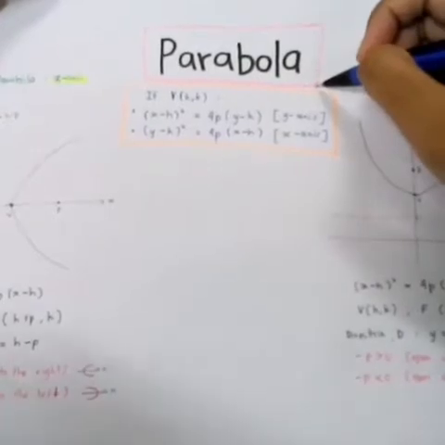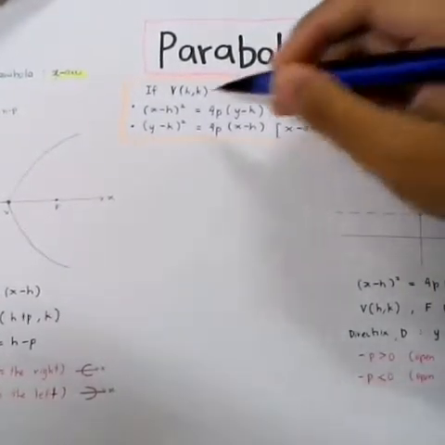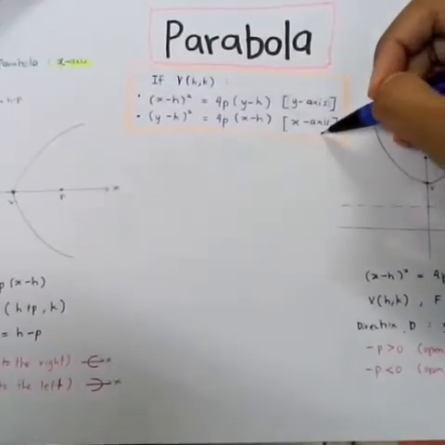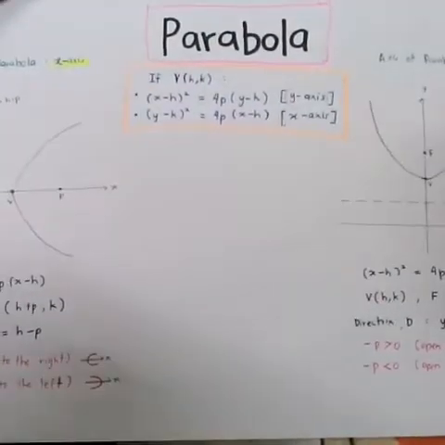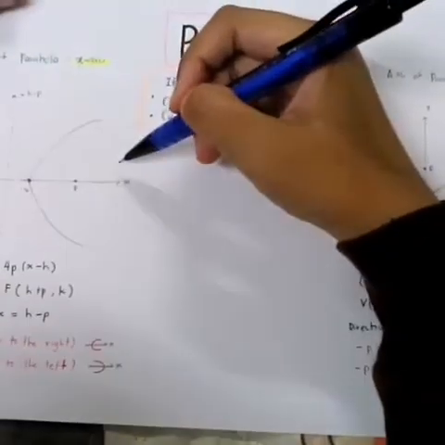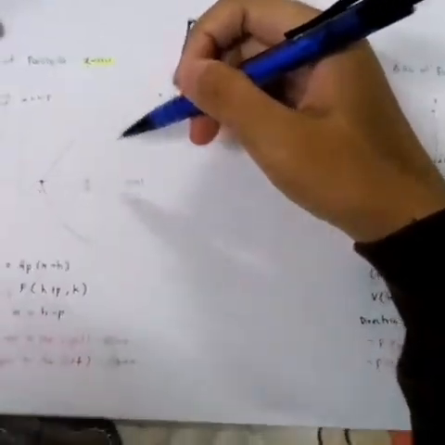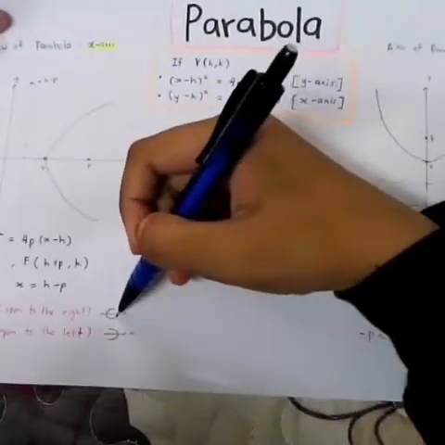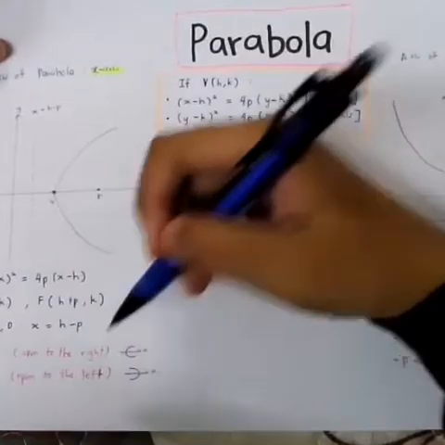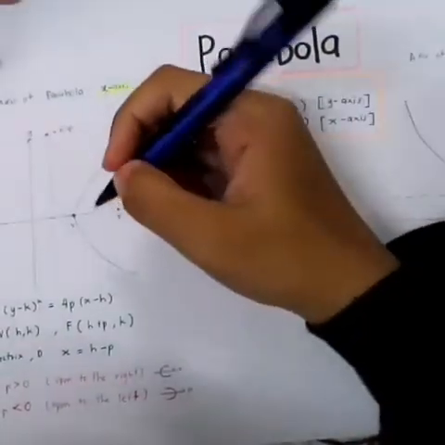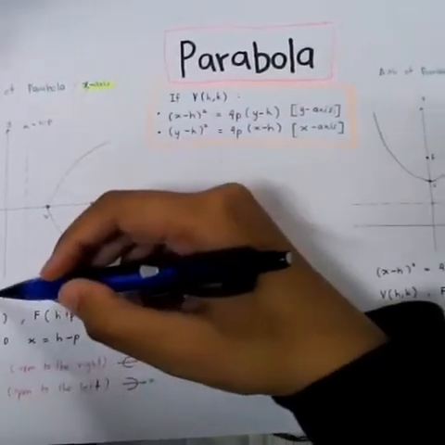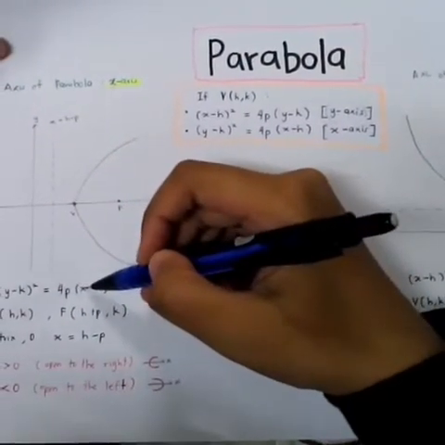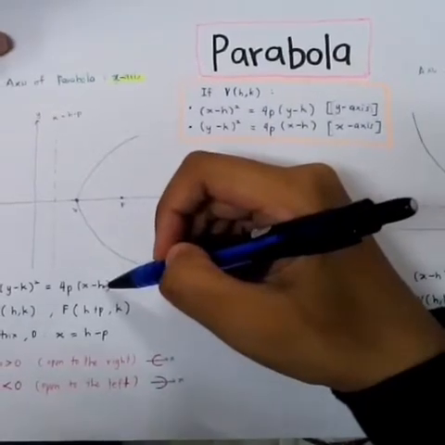Okay, next is the parabola. There are two questions, where the first is for the y-axis and the second equation is for the x-axis. When it is the x-axis, the shape will be like this, where the parabola opens to the left or right. The equation is (y minus k) squared equals 4p times (x minus h).